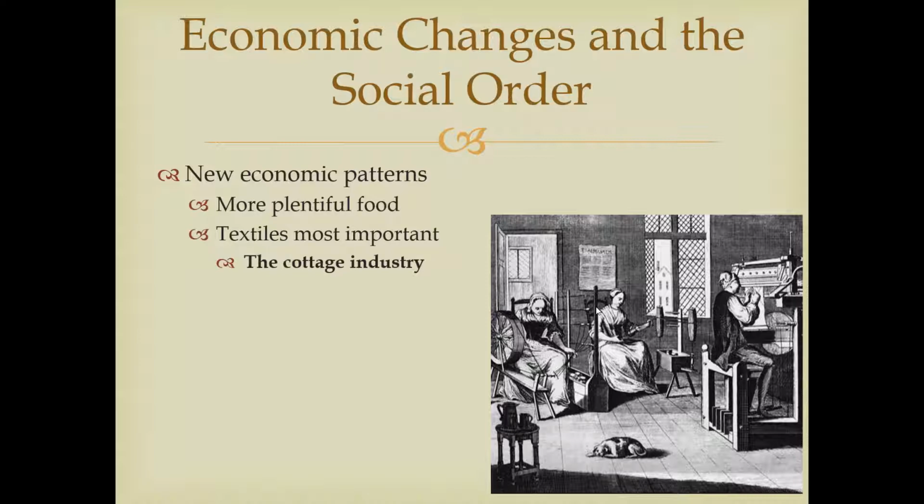So this cottage industry becomes important in the new world, and then pretty soon after that, the cottage industry will be upended by the industrial factories being transported to the colonies.